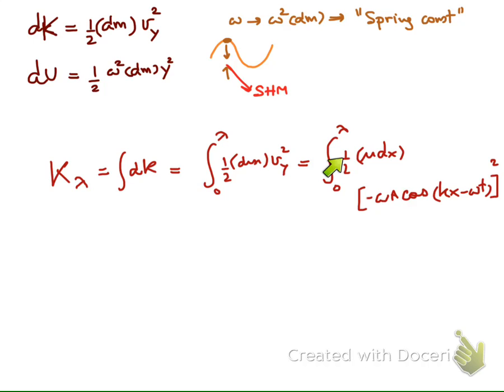Performing this integration will give us the solution as 1/4 of mu omega squared A squared lambda.